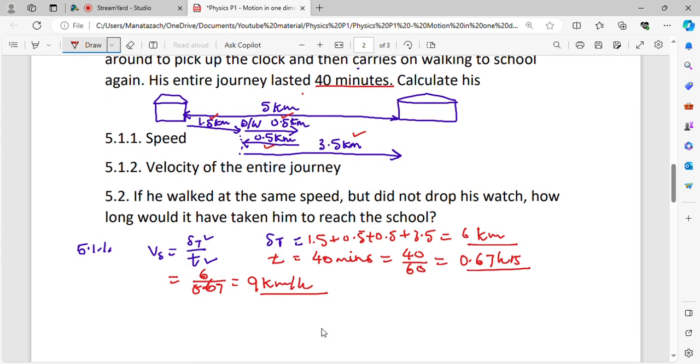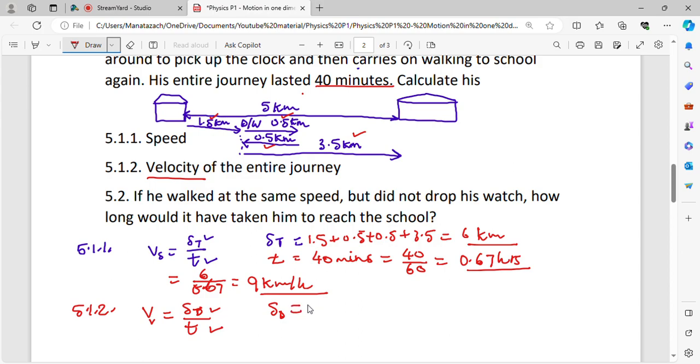Okay, now let's go to question 5.1.2: calculate the velocity. The velocity is a vector quantity, which means you need to take into account the direction. So Δx is the displacement, and t is the time.